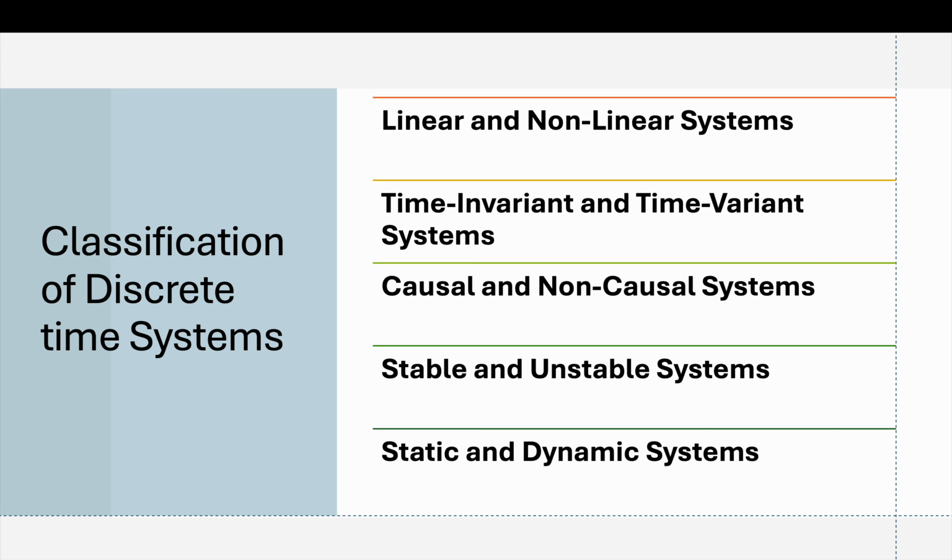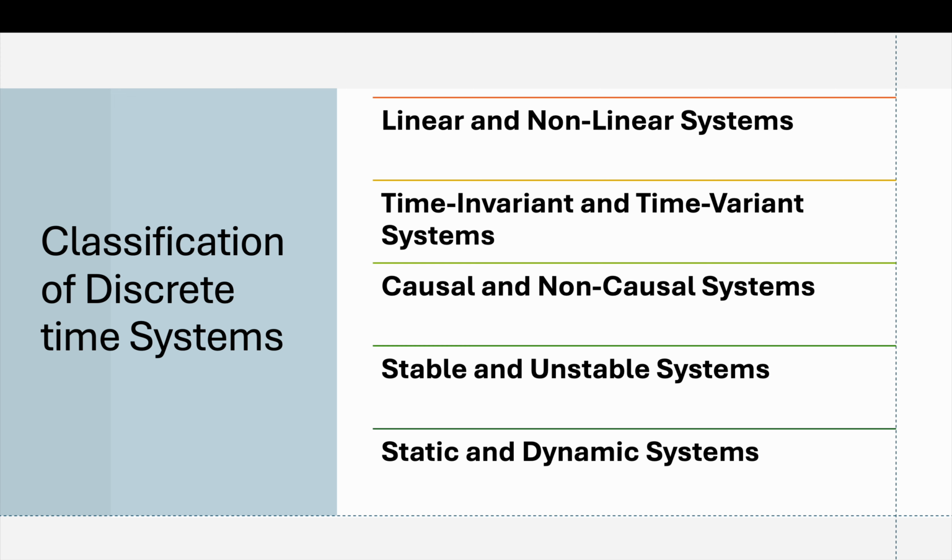If for a bounded input you get an unbounded output, that means an infinite value of output, then we say that it is an unstable system. So stability relies on finite values of inputs and outputs. A finite input should produce a finite output, then only it becomes stable, otherwise it becomes unstable.